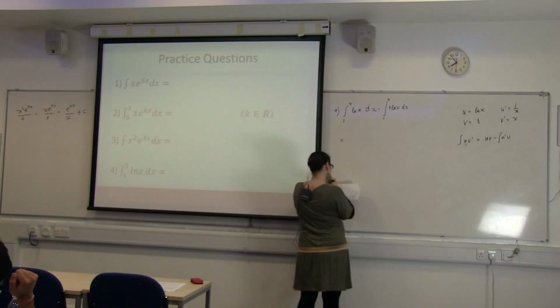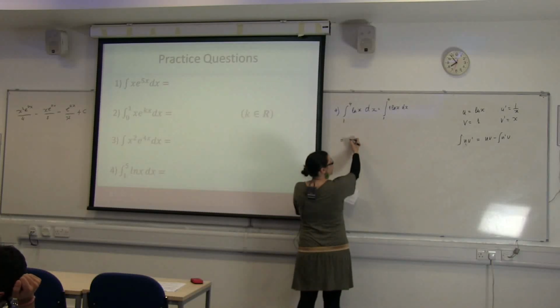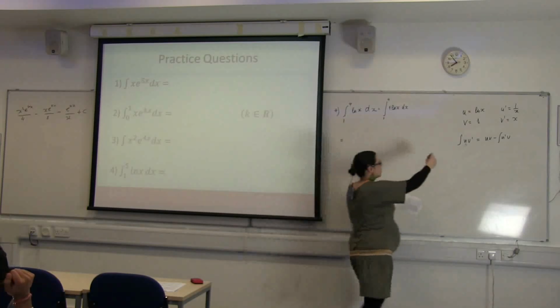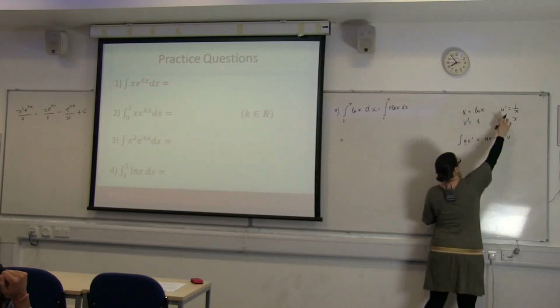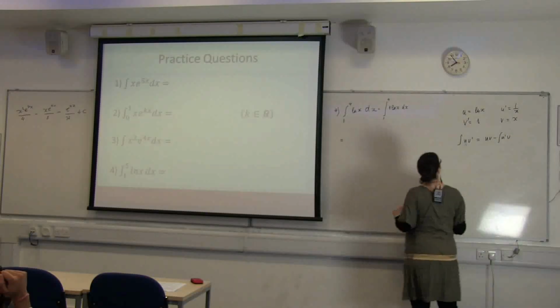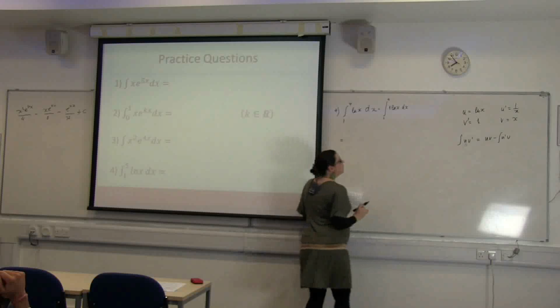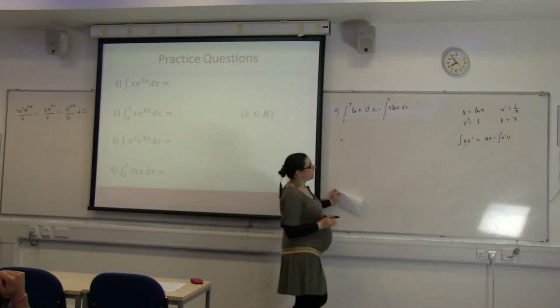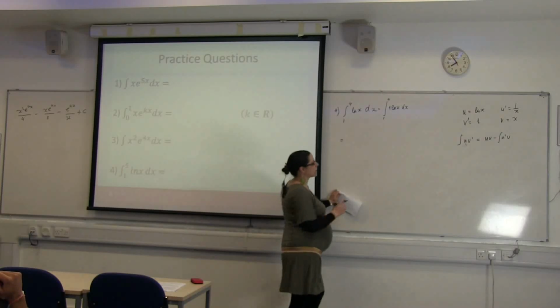So what I need now is u times v. Sorry, I screwed up my notation. That's v prime and that's v. So v prime was 1 and then v is now x. So u times v is x times ln x.